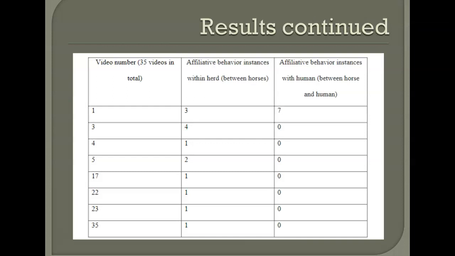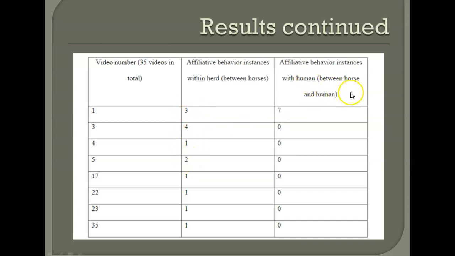This table can be a little bit confusing, but I just want to clear this up. The video numbers would be video 1, video 3, video 4, etc. So far I've analyzed 35 of the videos. The affiliative behavior instances within the herd, horse to horse, would be counted in each of the videos.